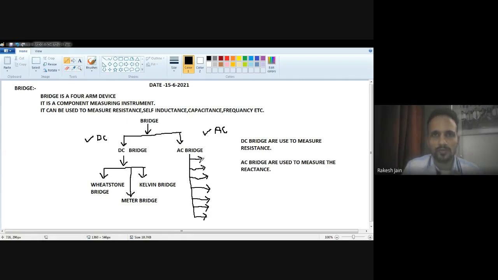So, how many types of AC bridges are there? There are so many types.